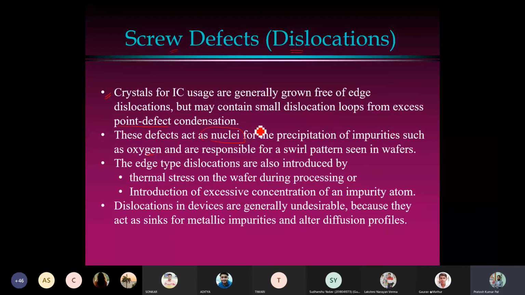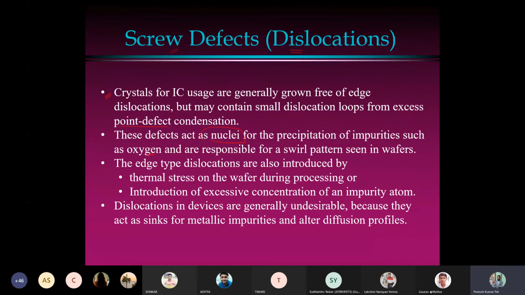That oxygen will be trapped in the crystal structure at the locations where these dislocations have taken place, or if there is some point defect, there will be some space created in the crystal. In that space, some oxygen impurities can be trapped.